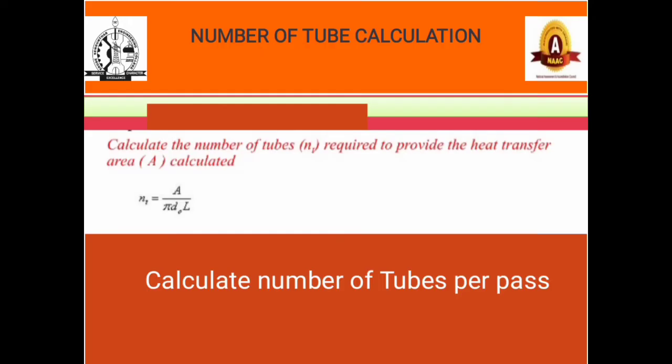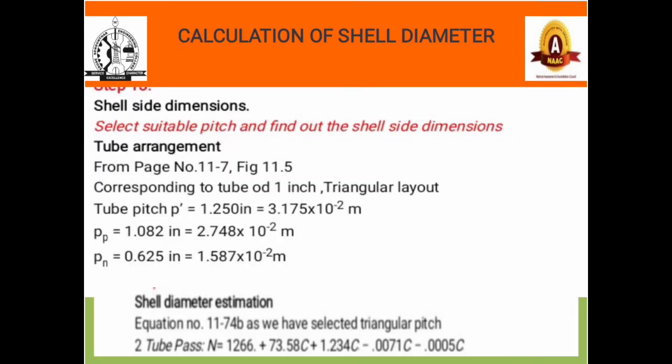Once thickness is known, we can calculate the number of tubes using the formula NT equal to A divided by pi D into L. A is the heat transfer area already calculated, pi is 3.14, D is the diameter, and L is the length. So the number of tubes is calculated, from which we can calculate the number of tubes per pass. So what are the tubes required for one pass?